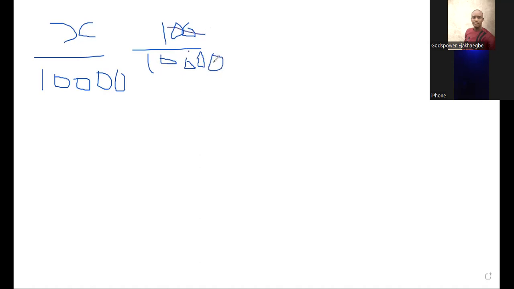These zeros cancel zeros. So 1 divided by 100 is what? 0.01. Can you see? This type of lot size is called a micro lot size.